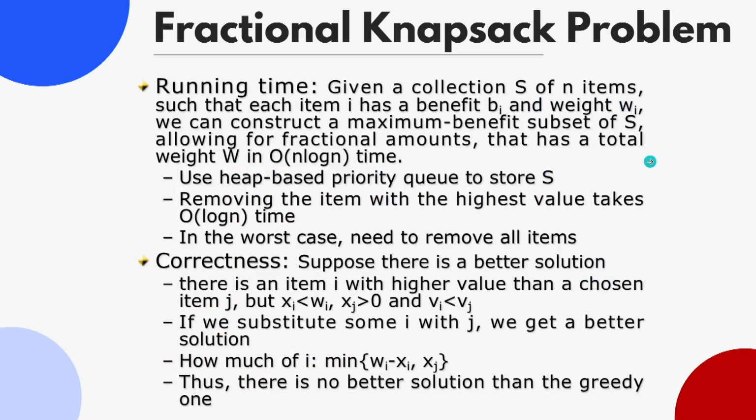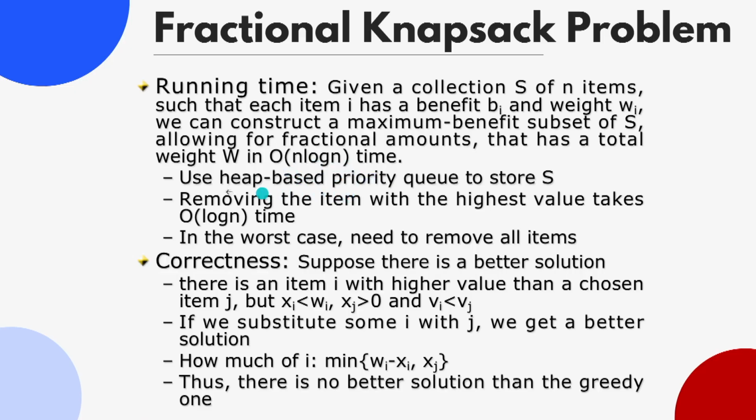When you look at the running time of this fractional knapsack problem, we need to maintain a heap. We have a collection of items having benefit and weight associated with them, and our objective is to maximize the benefit by taking fractional amounts of every item in such a way that we do not exceed the total capacity. For this algorithm, the running time is order of n log n.